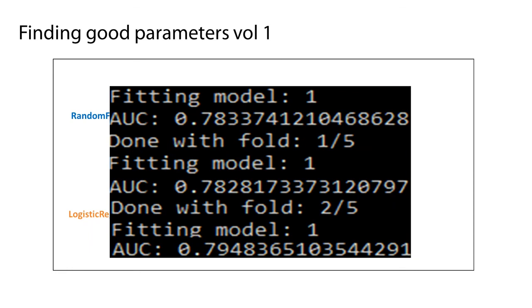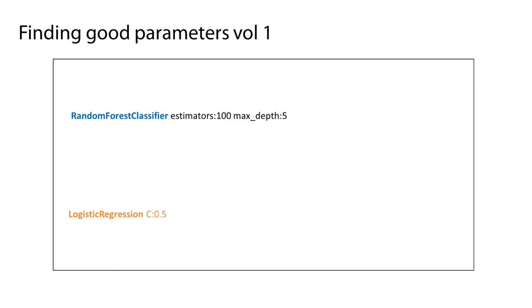And we can see here that AUC in the first fold is 0.78. In the second fold, again, around 0.78. And so on. What I'm going to do next is, I had random forest with max depth 5. Now I'm going to increase the maximum depth to 6.